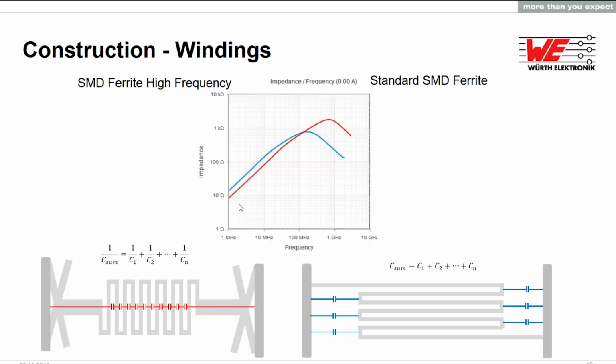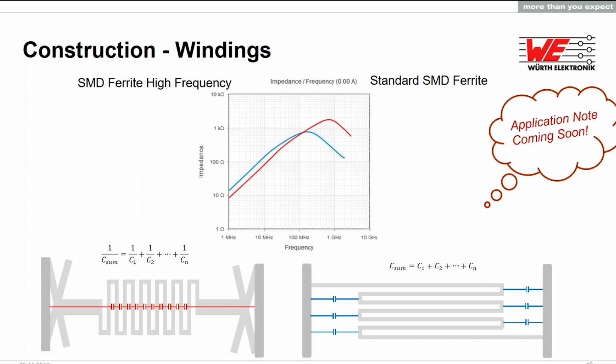This can be seen in the impedance curve, where typically, if you take the tip of the SRF point, they are shifted nearly by a decade. We have an application note coming soon that will feature the differences between high frequency and standard.